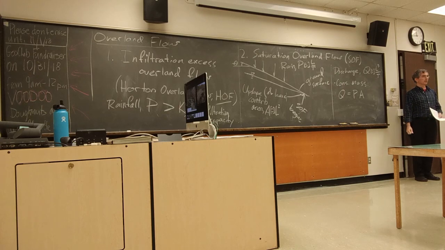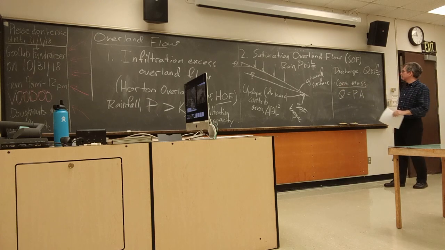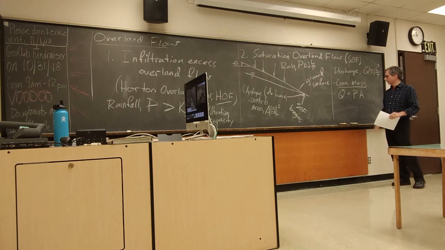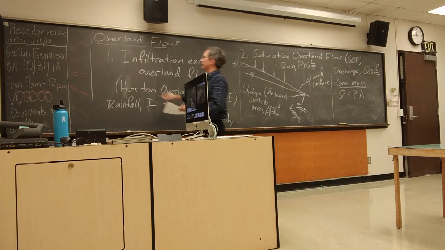Makes sense too. It's the rainfall rate falling on this area. If that's all focused through this point, then that has to be the discharge. All right, so we get one expression for discharge from simple conservation of mass.